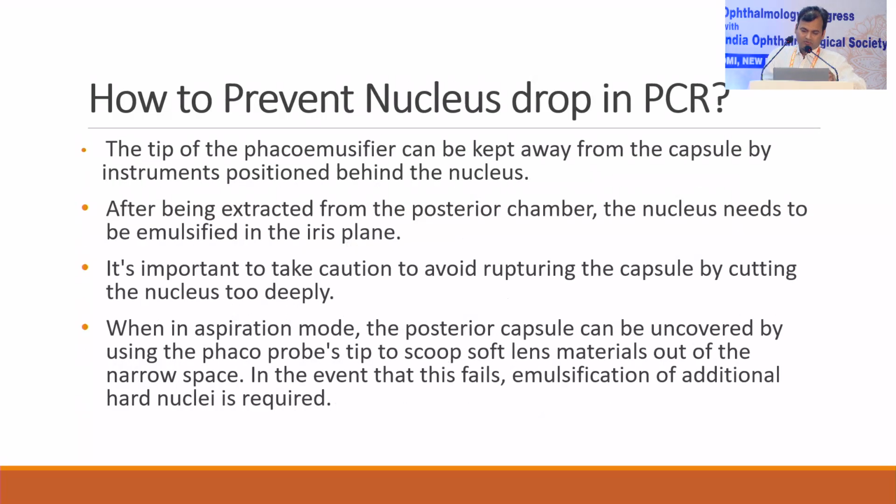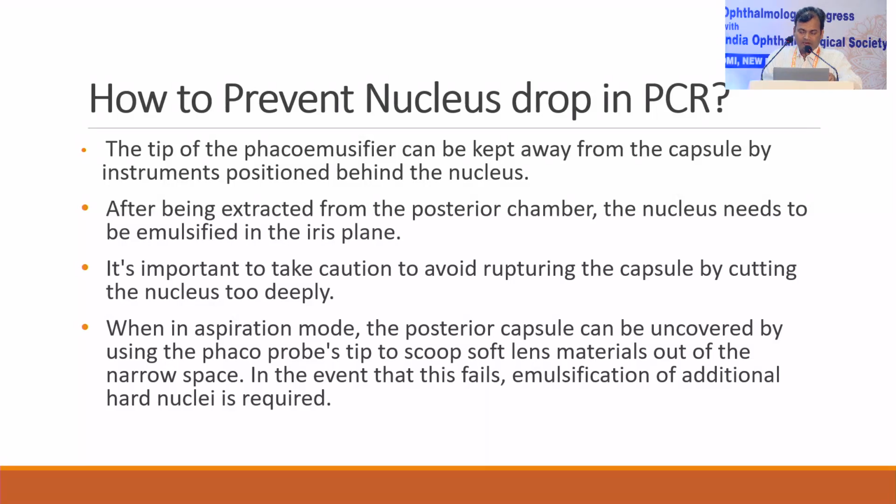So firstly, how you can prevent the drop if it happens. The tip of the phacoemulsification can be kept away from the capsule by an instrument positioned behind the nucleus. After being extracted from the posterior chamber, the nucleus should be emulsified at the iris plane, so it may not go behind into the vitreous.